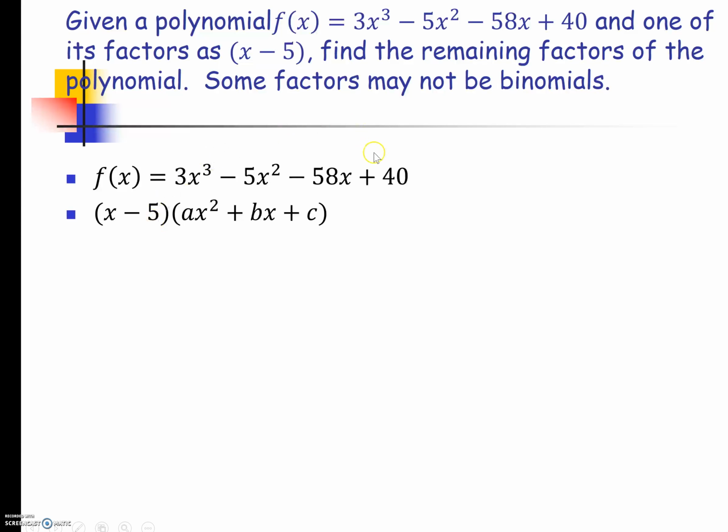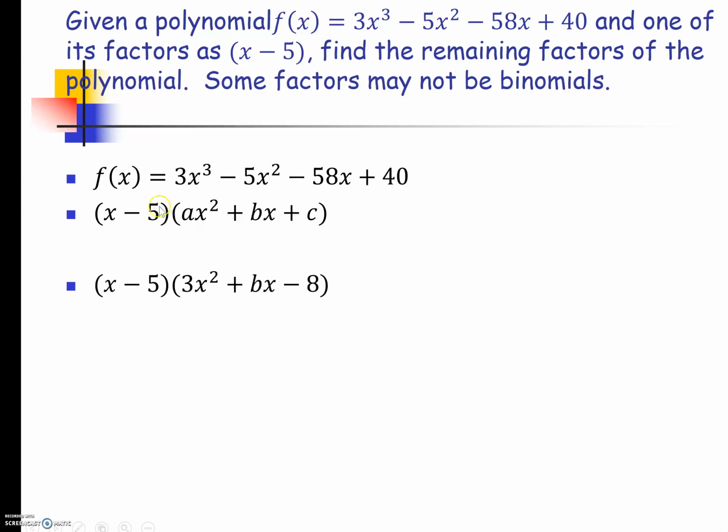So in order to reach 40, minus 5 times minus 8 gives you 40. That means the c value is minus 8. Let's see in x cubed. x times x squared will give you x cubed. That means a is 3. Straight away we can figure that out.